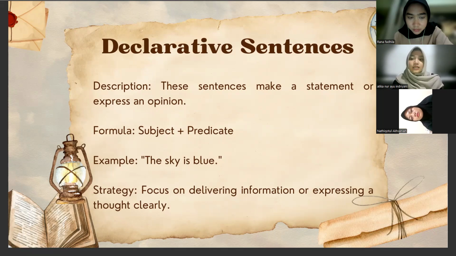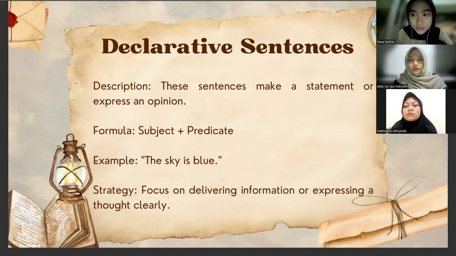Here, is is a linking verb that connects the subject to its description, which is blue. The primary strategy of a declarative sentence is to convey information clearly and directly. Next.